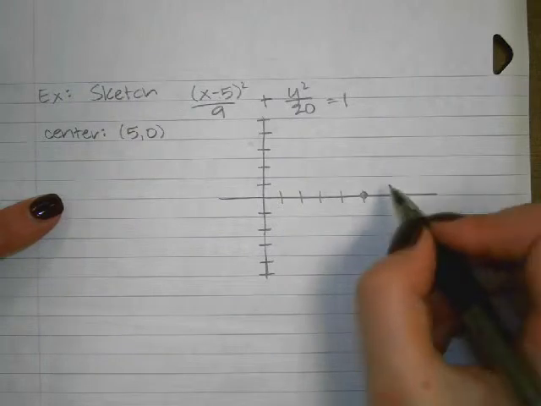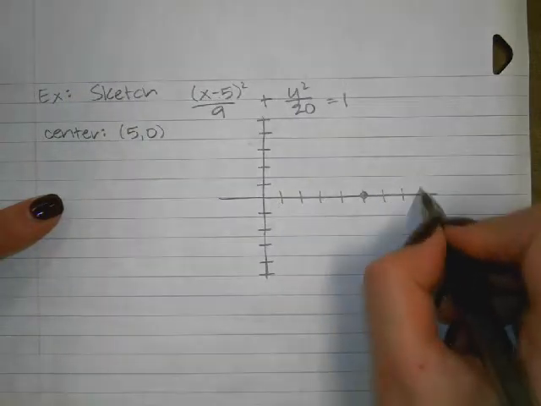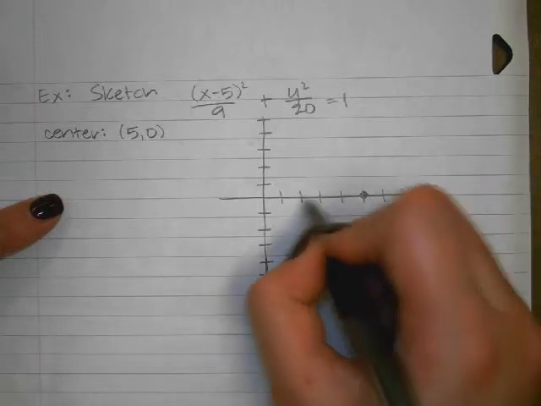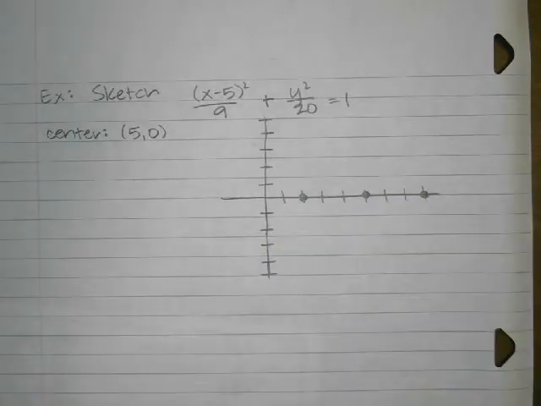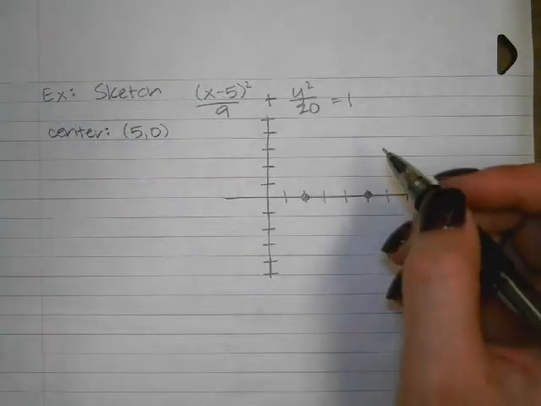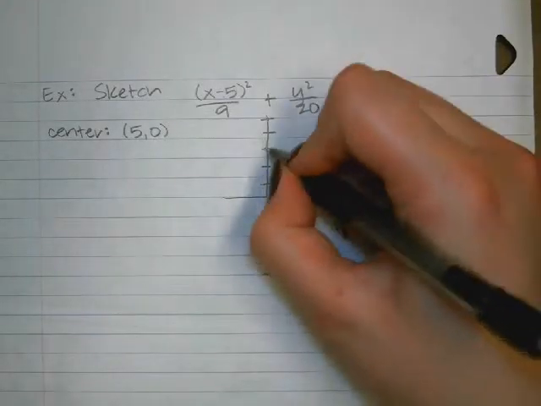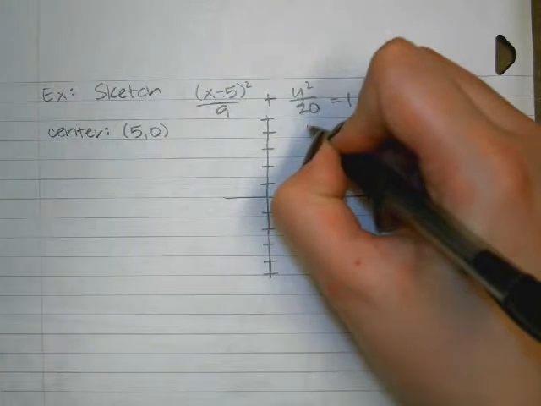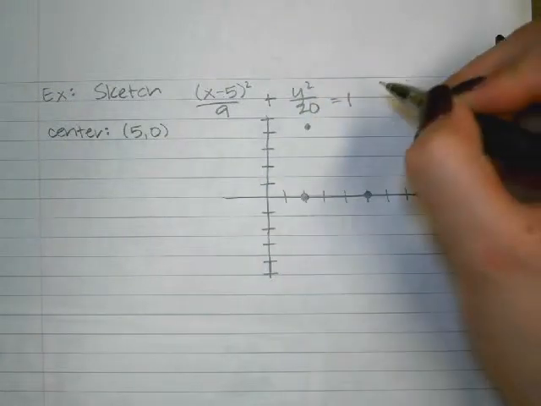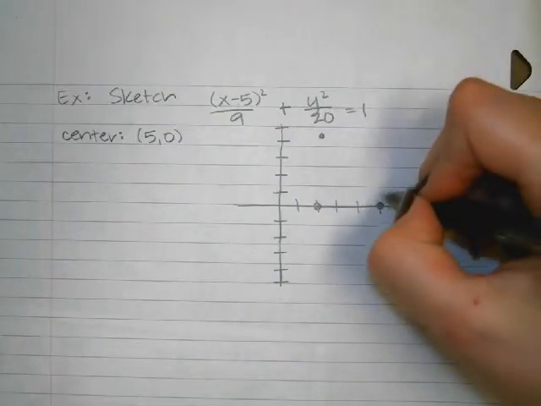Okay, so left and right 3. And then up and down the square root of 20. And square root of 20 is 4.472. So 1, 2, 3, 4.5-ish. That's not the center.